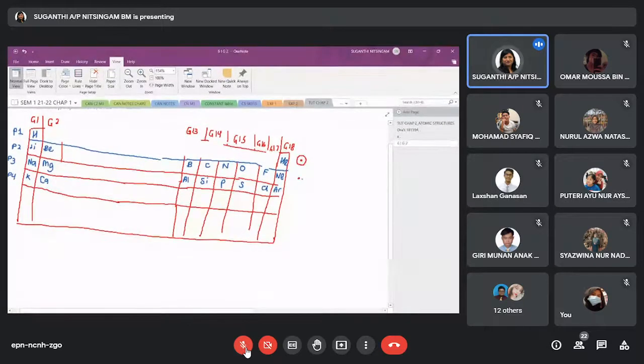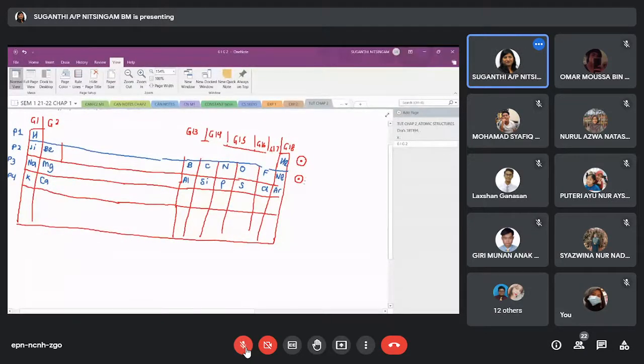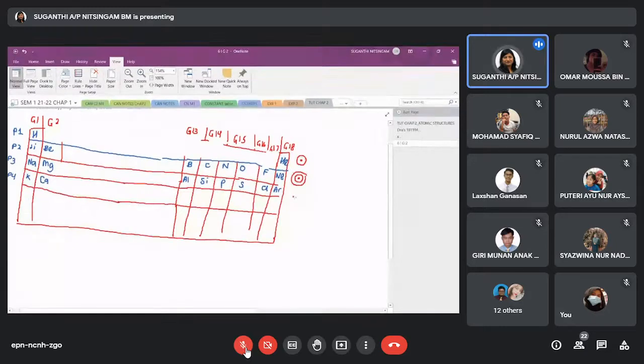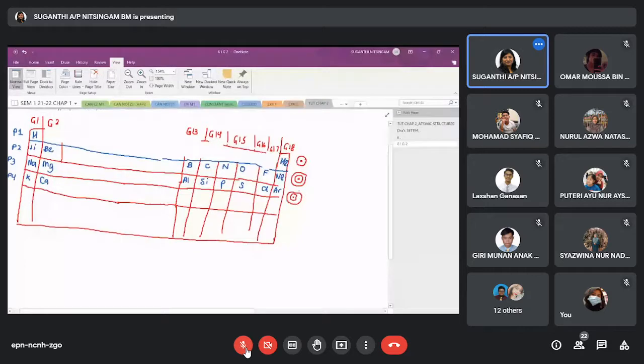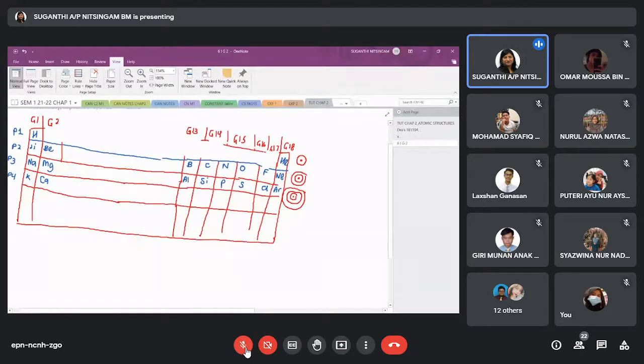Kalau period 2, dia akan ada 2 shell. Kalau dia period 3, dia akan ada 3 shell kat sini. Boleh faham? Boleh. Okay. Very good.